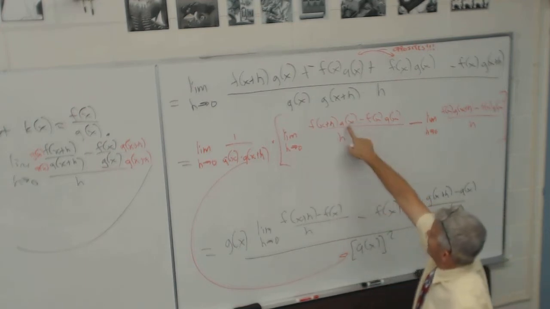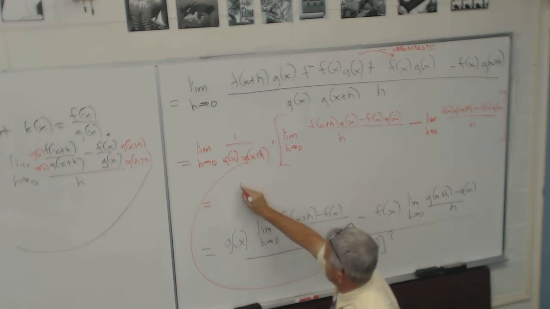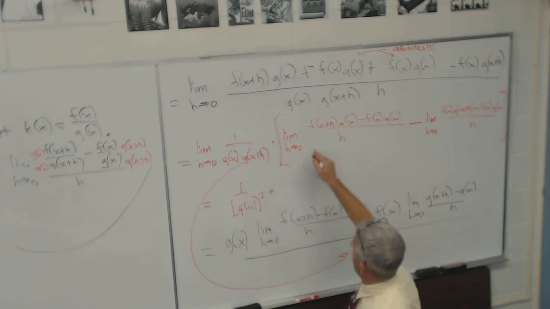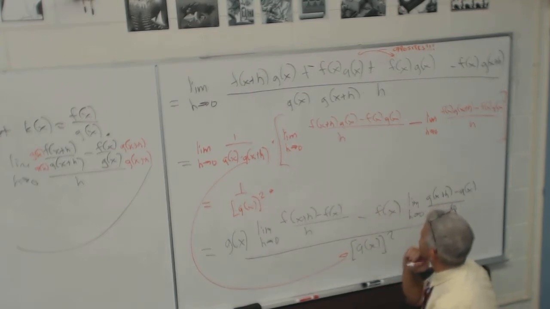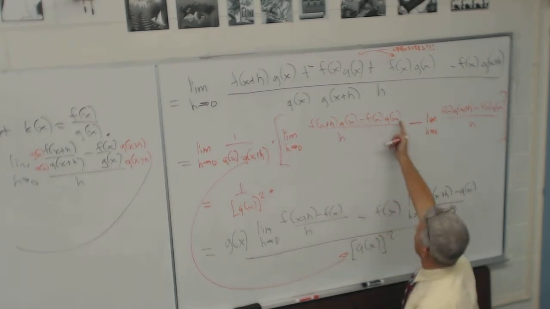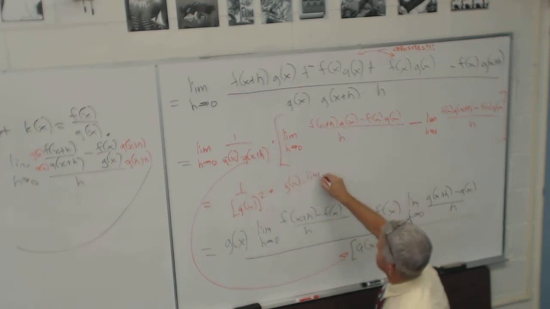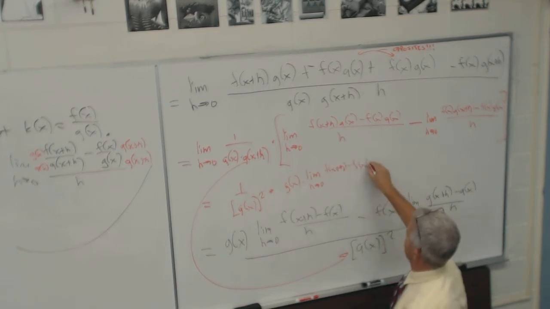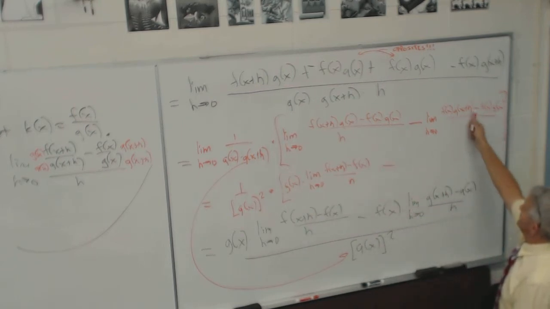Now, h is going to 0. The g of x can be pulled right out. So let's just realize that this is 1 over g of x, the quantity squared, times, I can pull the g of x out. That would cancel out one of the g of x. There's no h in there. It's g of x times the limit as h goes to 0 of f of x plus h minus f of x over h, minus, what do I pull out of this?